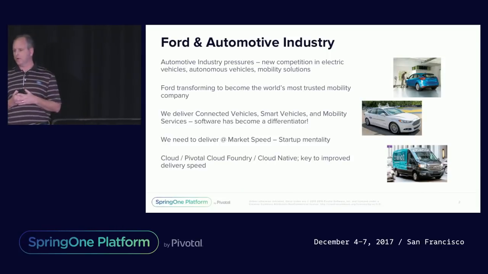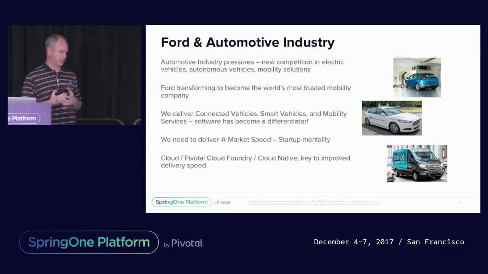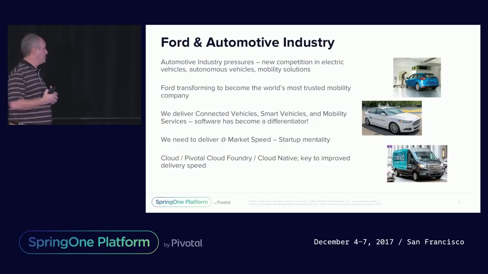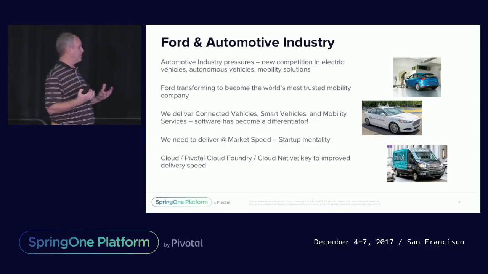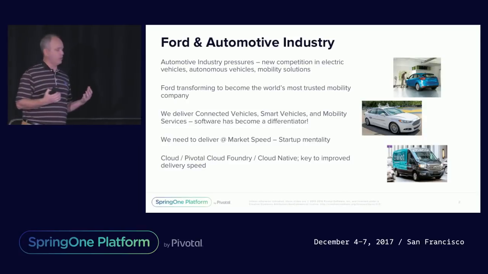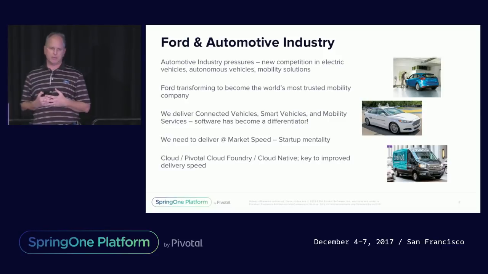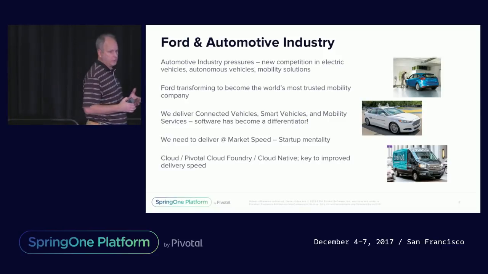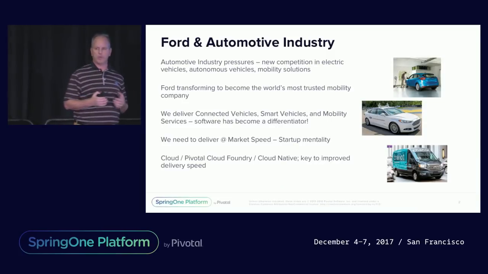So what did we do about that? Really, it was a combination of a lot of different things. Cloud came to be. We learned about Pivotal Cloud Foundry, Cloud Native, and partnering with Pivotal in helping us embrace changes, not just software solutions, but also transformation type things, changing how we work.